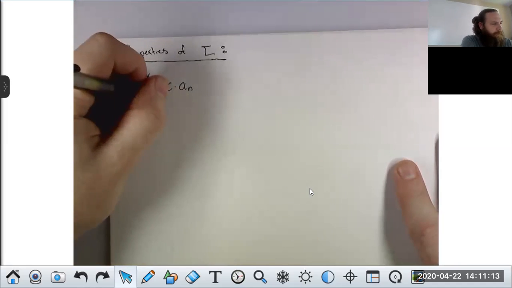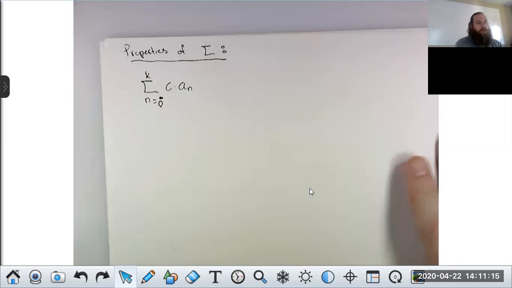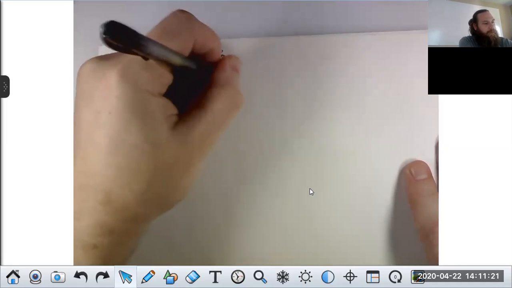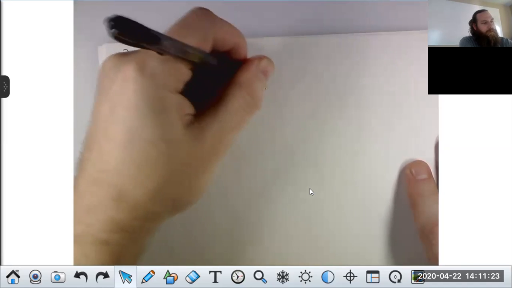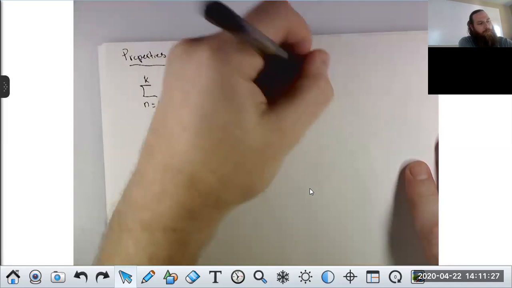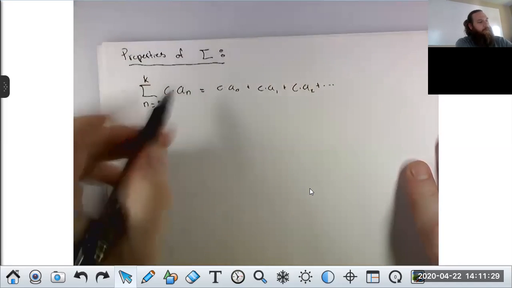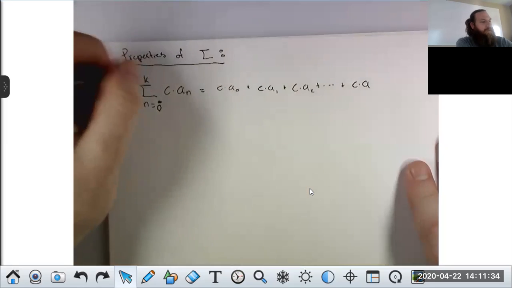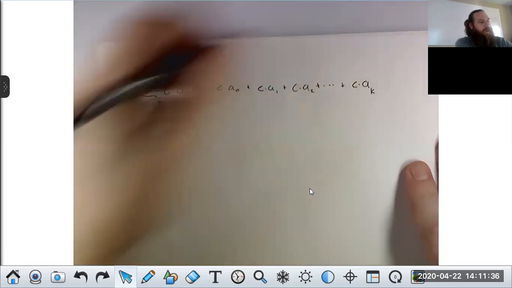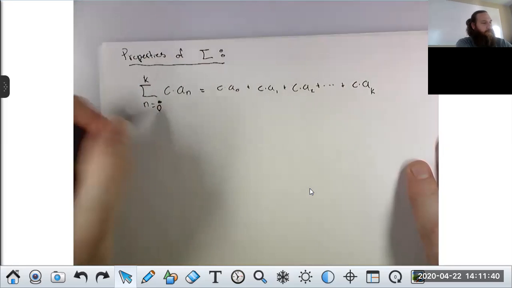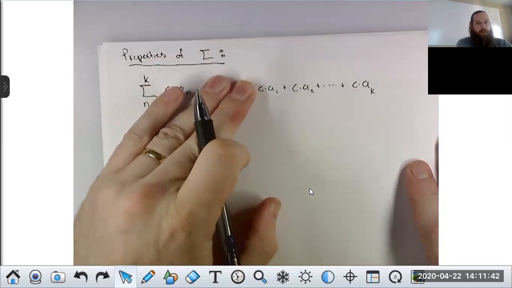I'm going to make this a 0 just so I don't confuse things too much. Remember, this is the shorthand for C times a_0 plus C times a_1 plus C times a_2 plus all the way out to C times a_k, whatever this number is. And if this number was something other than 0, we would just start at that number. Like if this number was 1, then we would just get this piece.